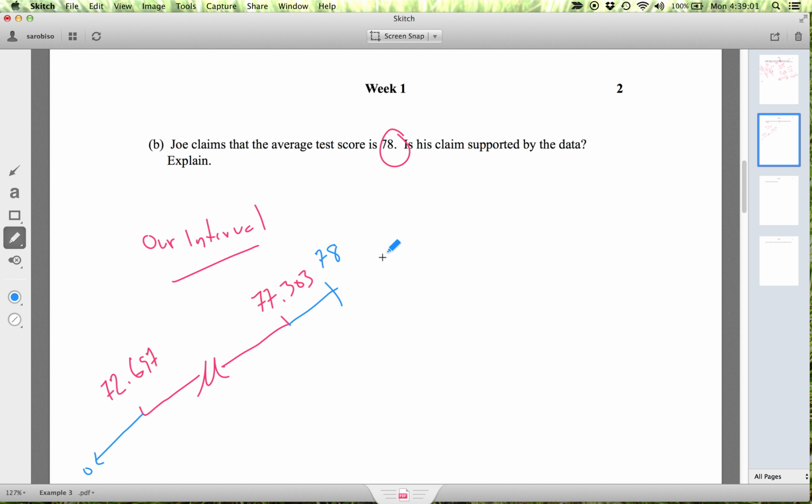Notice here that this value 78 is not inside this interval at all. So what we say here is 78 does not fall inside our interval.